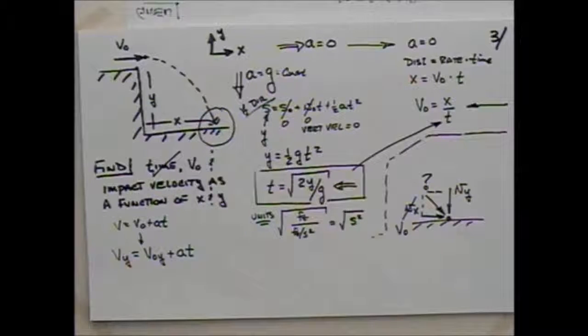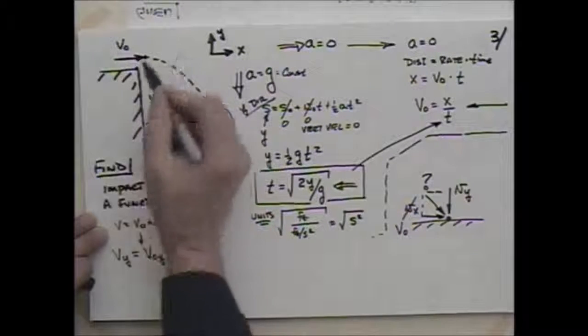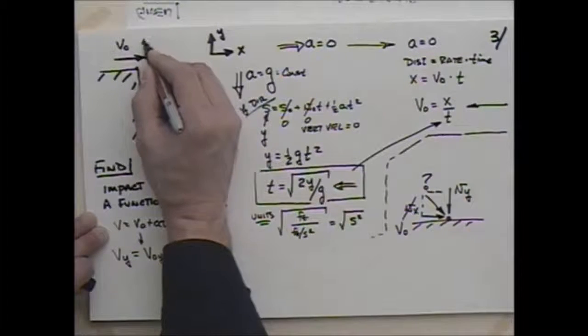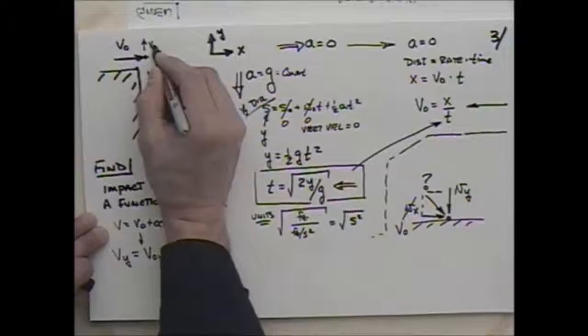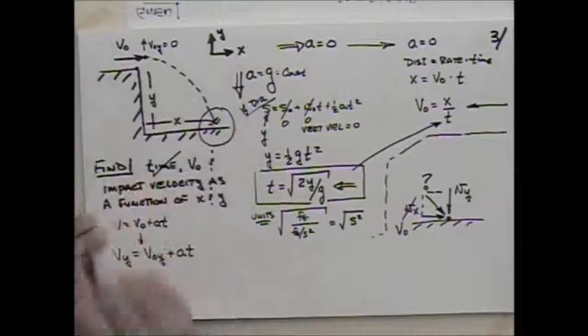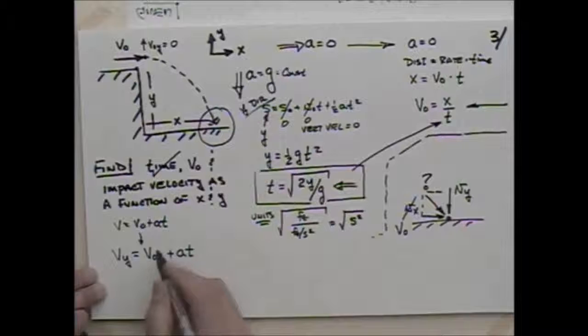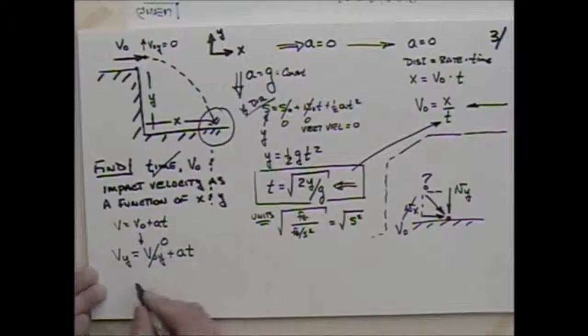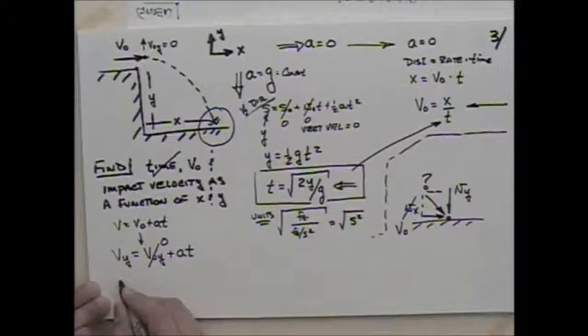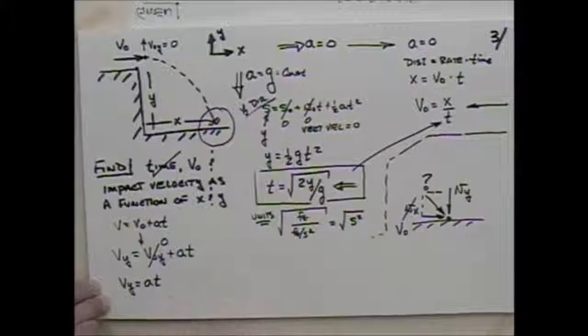So what's the initial velocity in the y direction? We have V naught, that's in the x direction, but the initial velocity here in the y direction, V naught y, is equal to 0, isn't it? Okay, so that's equal to 0. So I can say then that Vy is just equal to AT.